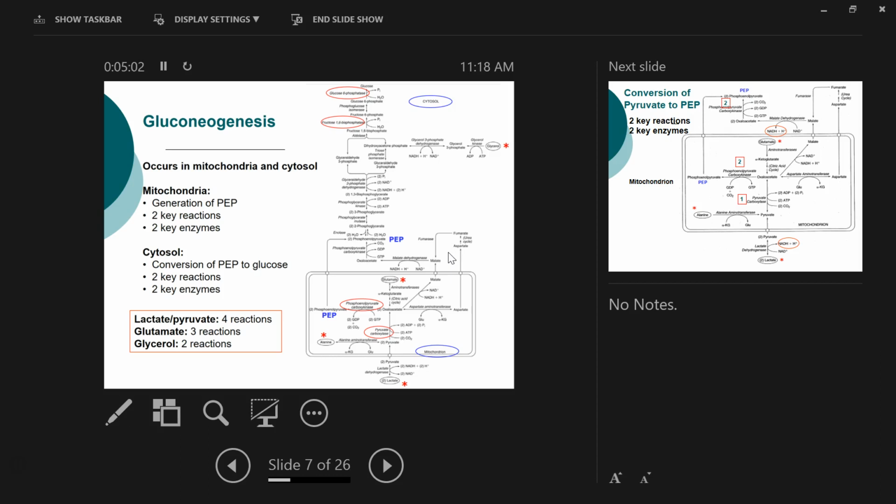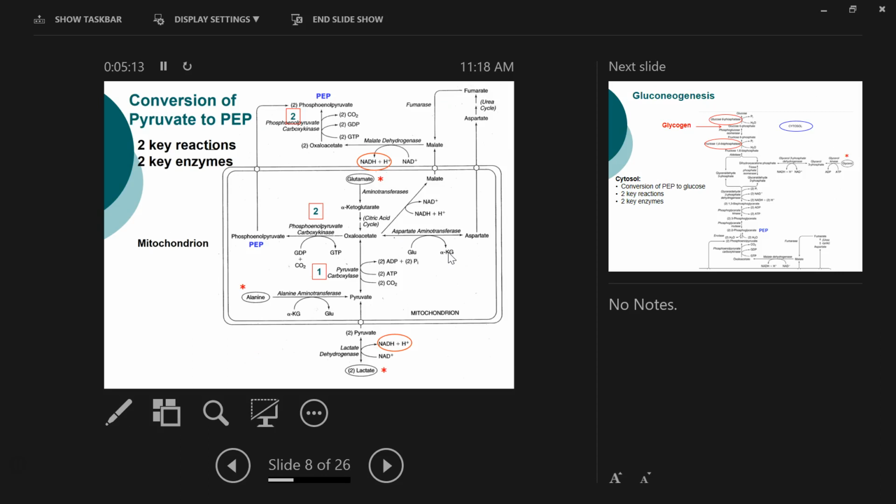And if we use glycerol as the precursor, then it will only involve the two reactions in the cytosol, right? You still remember me mentioning that. And this is just the enlarged diagram.